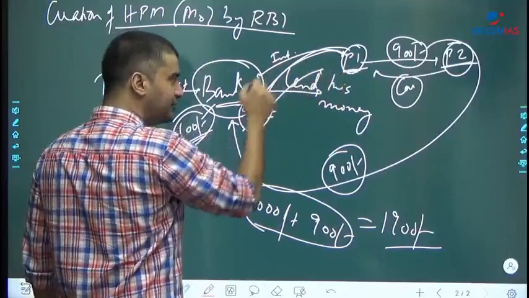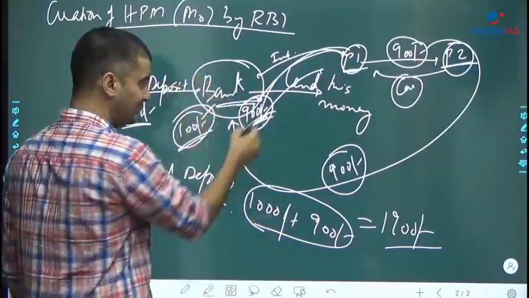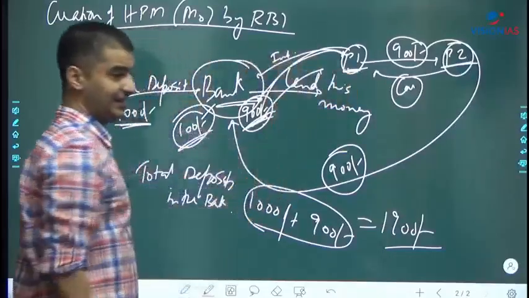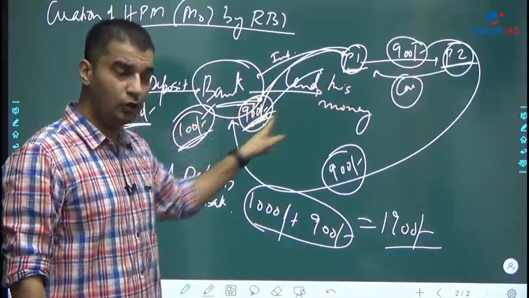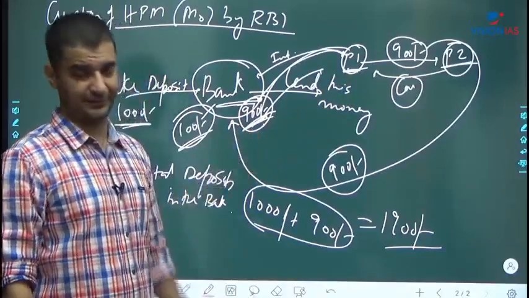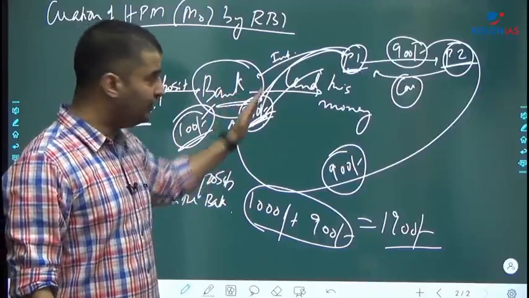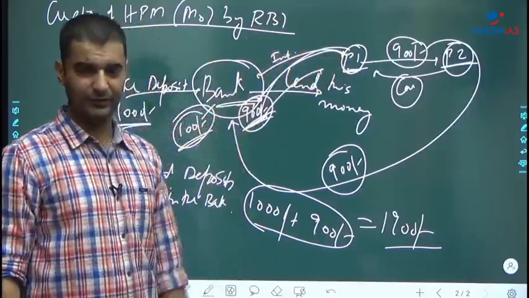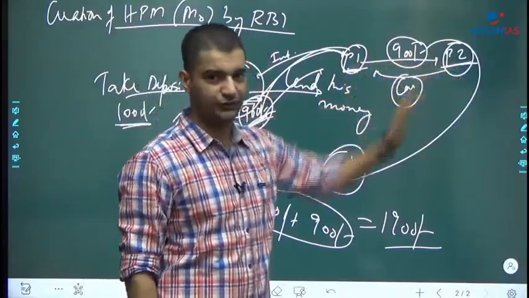900 rupees which were lent by the bank to P1, they were not P1's. ये 900 रुपए P1 के नहीं है. These 900 rupees do not belong to P1. They belong to the bank. They are the bank's money. But the bank has agreed to lend this money to P1, point number one. And P1 has spent this money on buying some goods from P2.